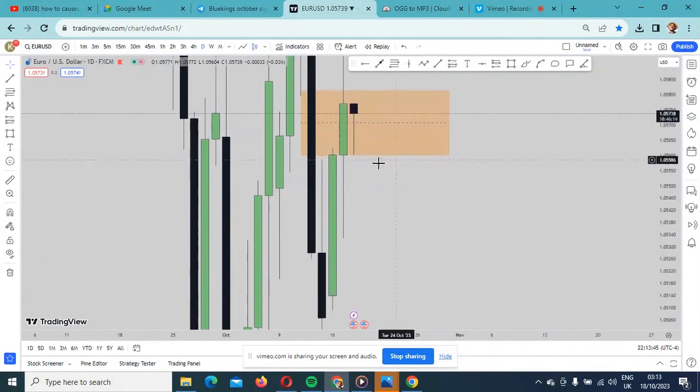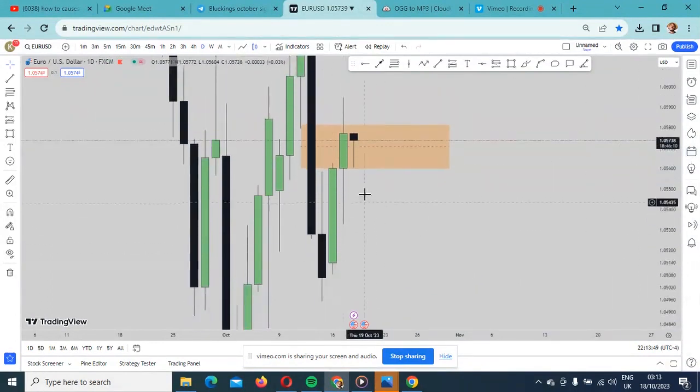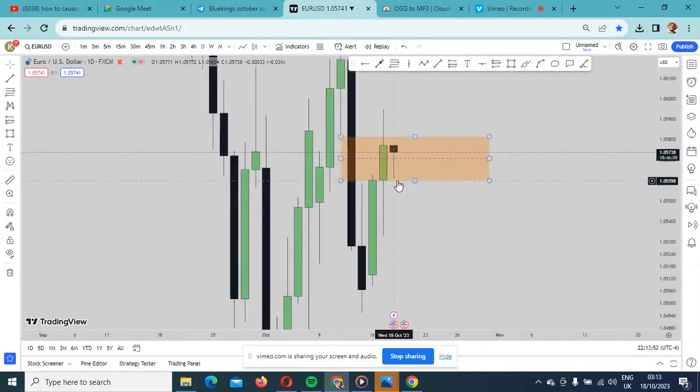Price entering into this FVG with this big strong bullish candle should tell you that there's something wrong. The next candle started going in around our kill zone time, which is 7 o'clock Eastern time. Price has already passed the consequent encroachment of this FVG, which is half of it, this dotted line you see.